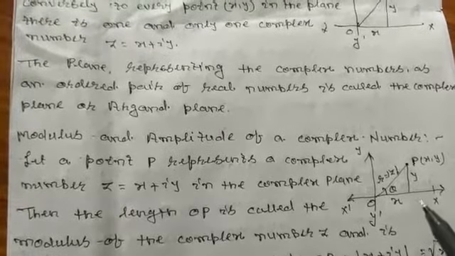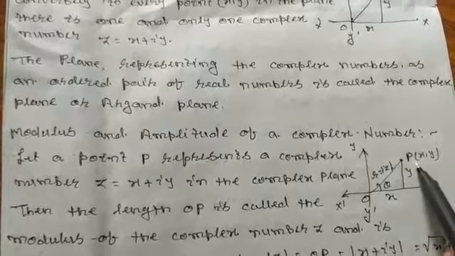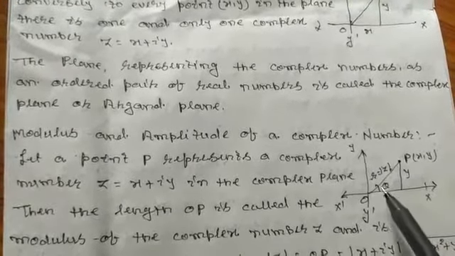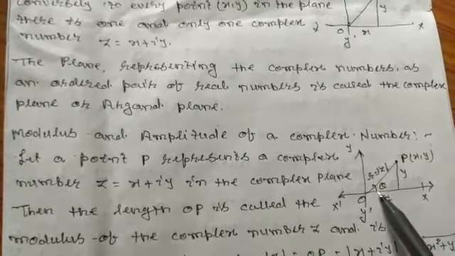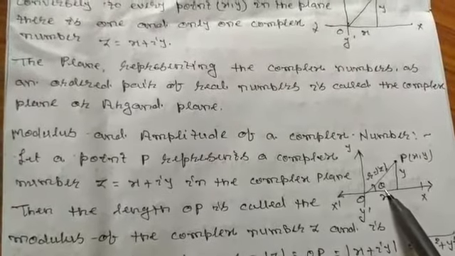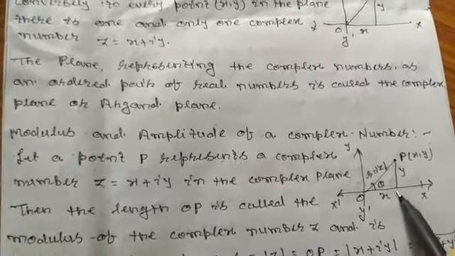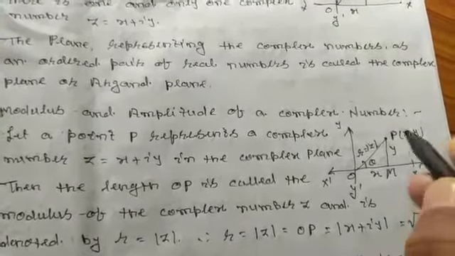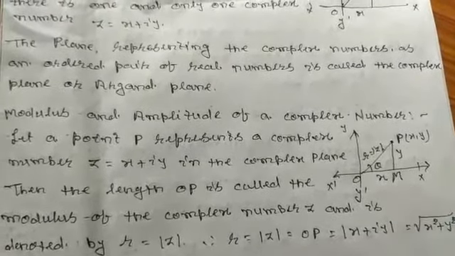Suppose point P represents a complex number whose ordered pair is (x, y), and OP equals r, making an angle theta with the positive x-axis. Suppose PM is this distance, M is here, PM equals y and OM equals x.